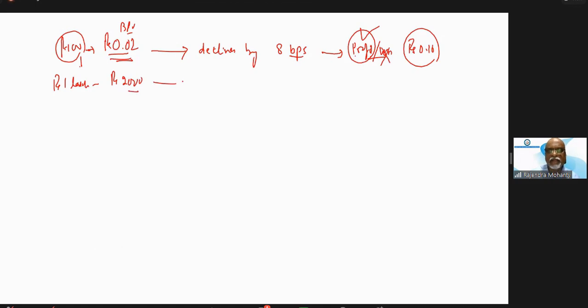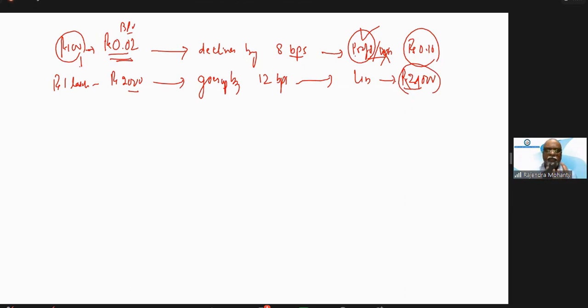0.0016. Simply this is the result. Or suppose a 1 lakh portfolio where my BPV was 2000. Suppose the market rate goes up by 12 basis points. What will be my profit or loss? The yield goes up, so there will be a loss.